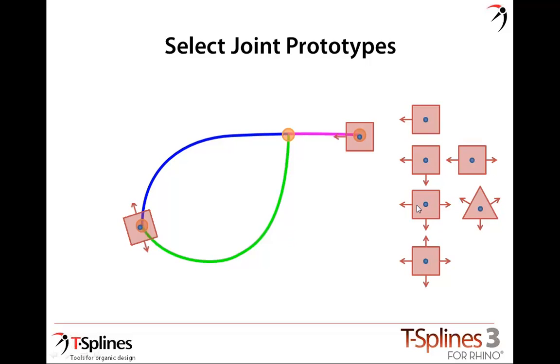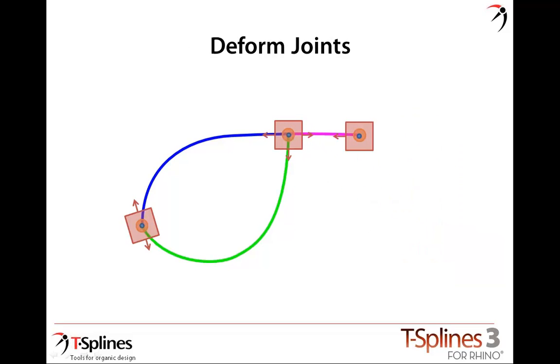And then the last example here, on the curves we have roughly a 90, a 90, and a 180, and that matches this prototype best. So we do an instantiation of that prototype and stick it in place. The next thing that we do is we deform the joints. And there's a bunch of different reasons why you might deform the joints. It might be due to the angle of the curves coming in.